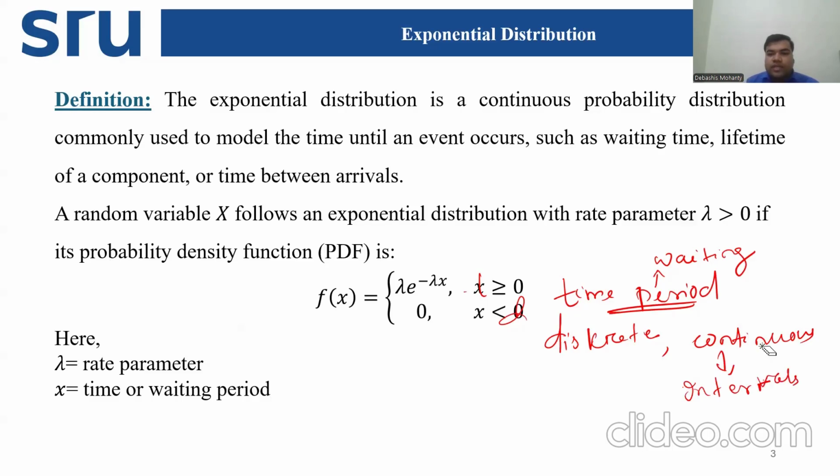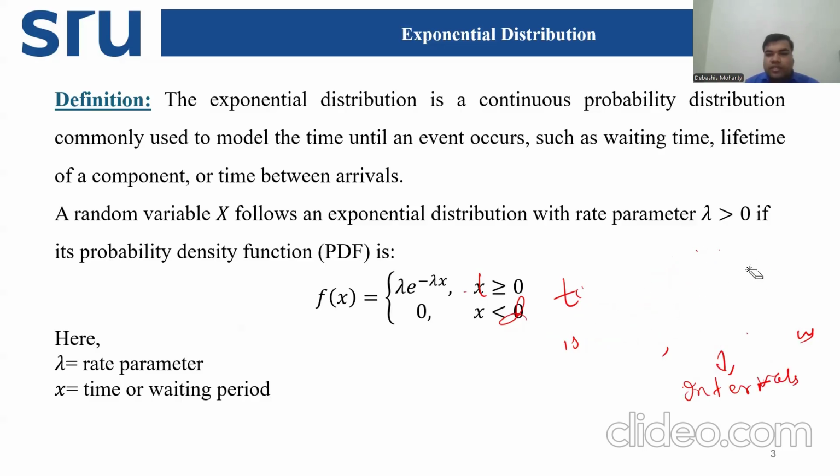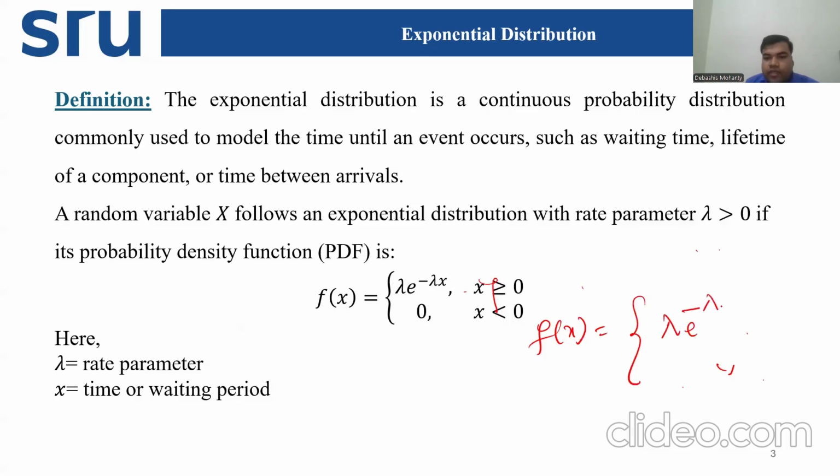Okay, students. So the definition: a continuous probability distribution used to model the time until an event occurs, such as waiting time or lifetime of a component. Here you can see the formula. The exponential distribution f of x equals lambda into e raised to the power minus lambda x, for x greater than or equal to 0, and 0 when x is less than 0.